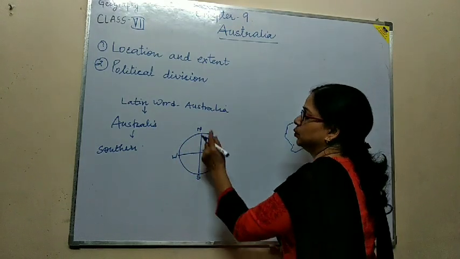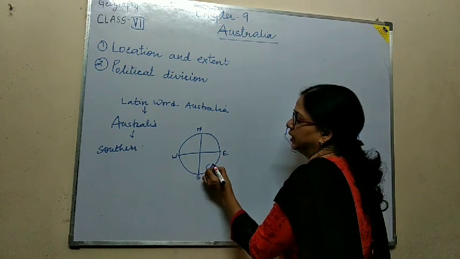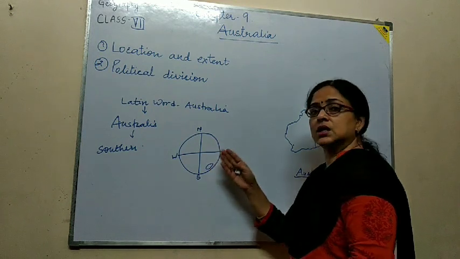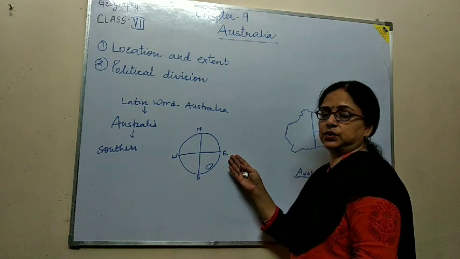So when we see our planet Earth, the location of the continent is, this is the equator, completely in the southern hemisphere as well as in the eastern hemisphere.